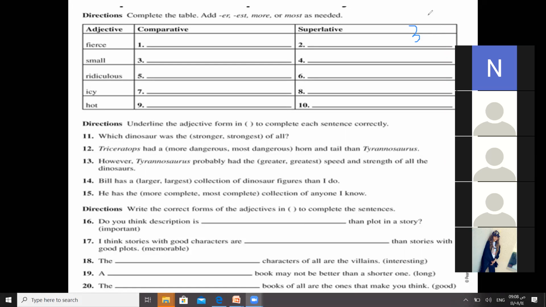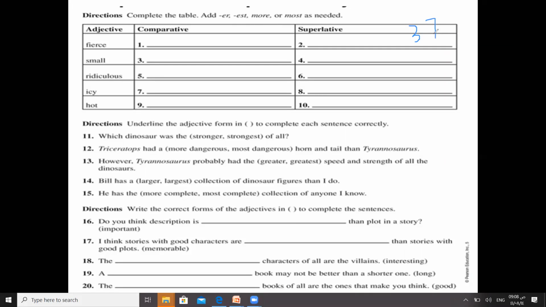What shall we do here? We will do it like before: complete the table, add est, more, most as needed. Let's do it quickly, like the first one that we did.